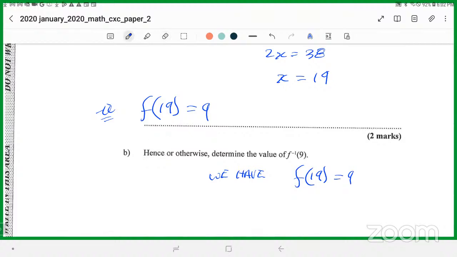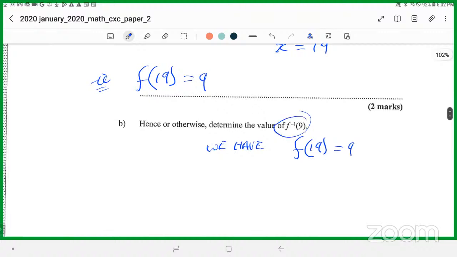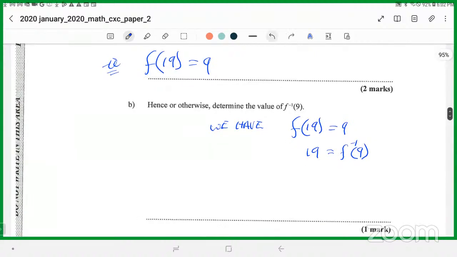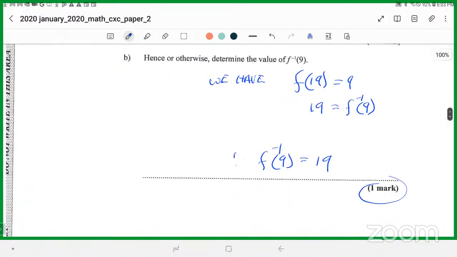If f of 19 equals 9, I want f to the minus 1 of 9. Like taking f to the minus 1 on this side. So 19 becomes f to the minus 1 of 9. That's the answer, 19. Therefore, f to the minus 1 of 9 is equal to 19. It's 1 mark for it. It can be done fairly quickly.